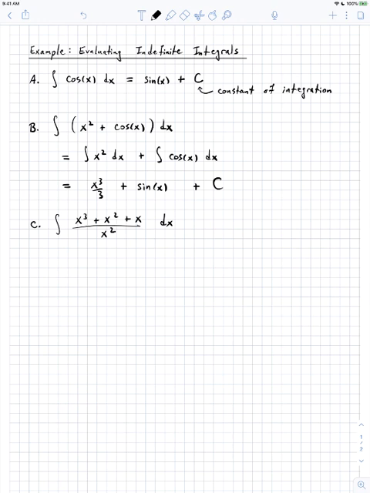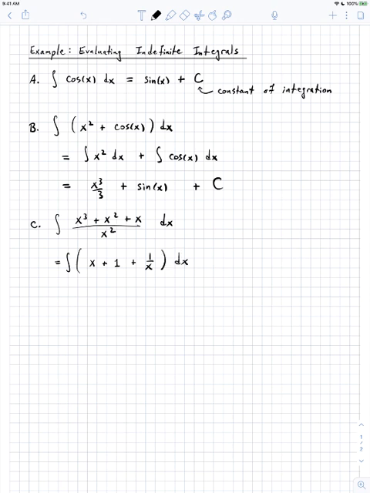Instead, what you have to do is ask yourself, is there some way that I can change this integrand and make it look like something that is a little bit more obvious to me? And in this case, we can use some algebraic properties. In particular, we divide. So x cubed divided by x squared is x, plus x squared over x squared is 1, plus x over x squared is 1 over x.